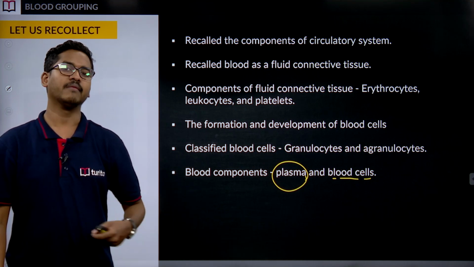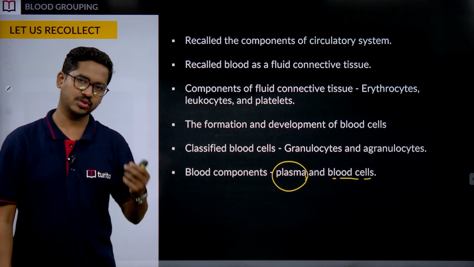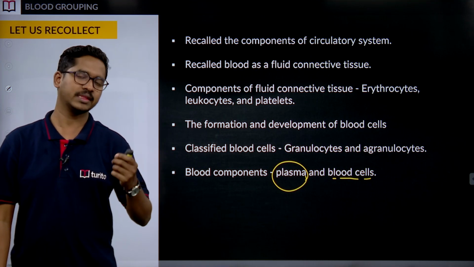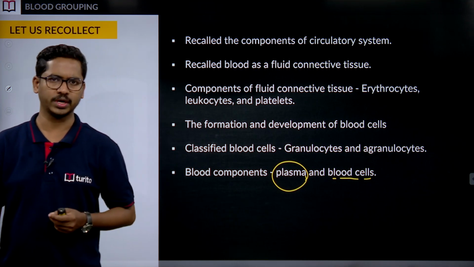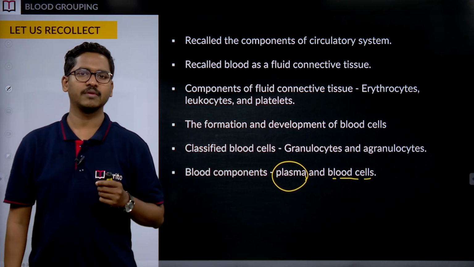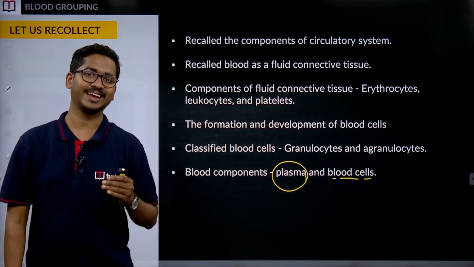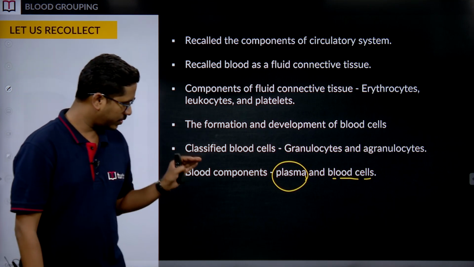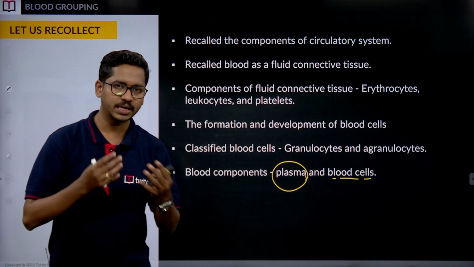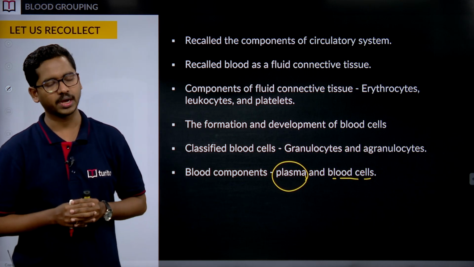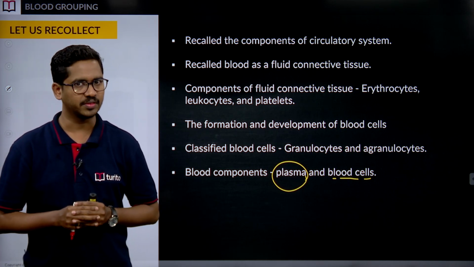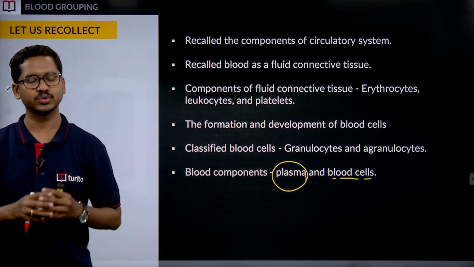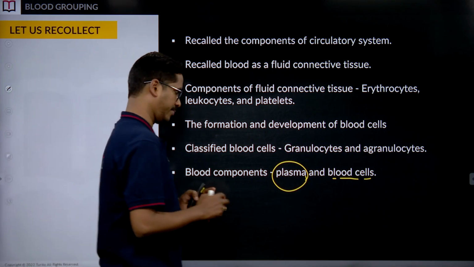But whenever we bleed from an injury or a scratch and we get a wound, we see that our blood is red in color, which means the most abundant blood cells in our fluid connective tissue are RBCs, okay. That is the most abundant blood cell we see, right.